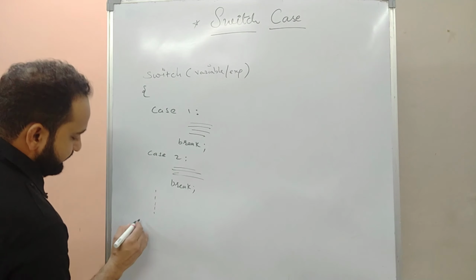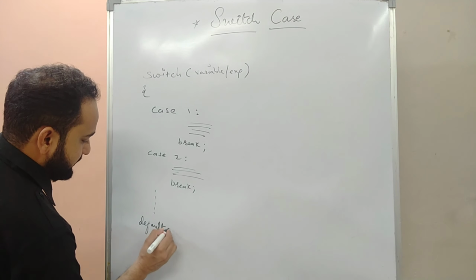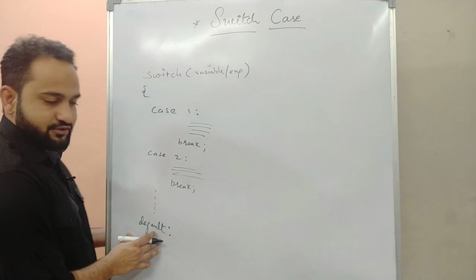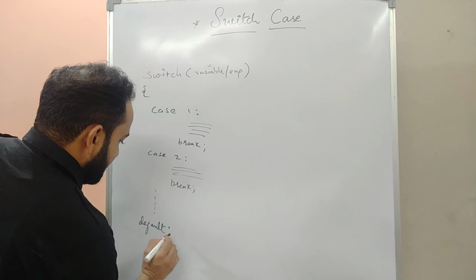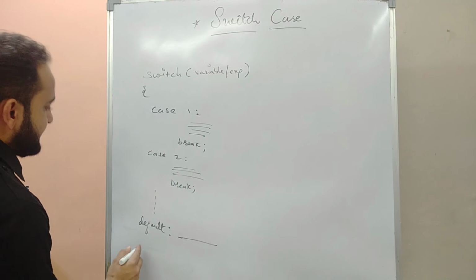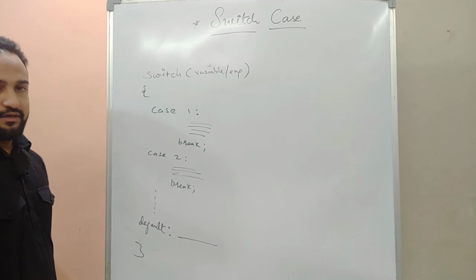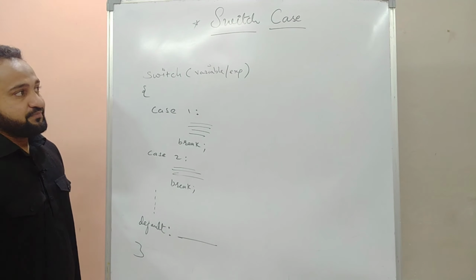At the end of all the cases, you will have a default value. That's not compulsory, but it's better to have it in your switch. It will be at the end, and you write a statement for the default, and finally your switch will get terminated. So that is the structure of your switch case.